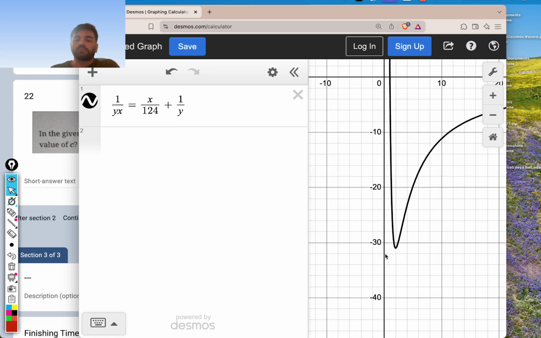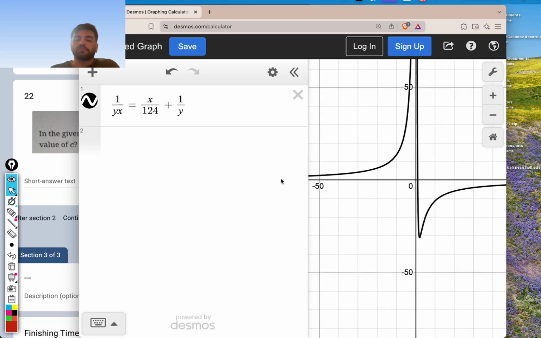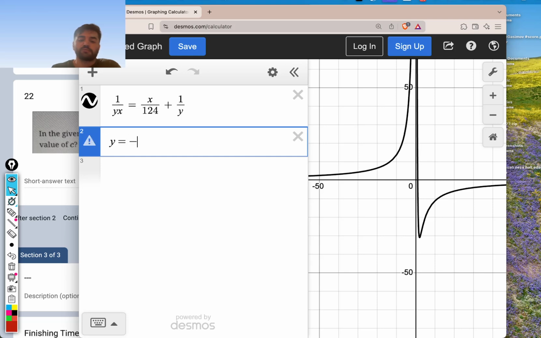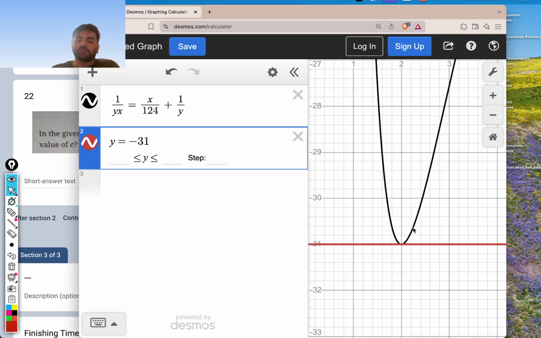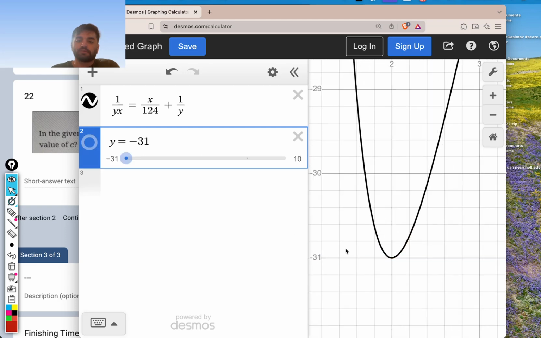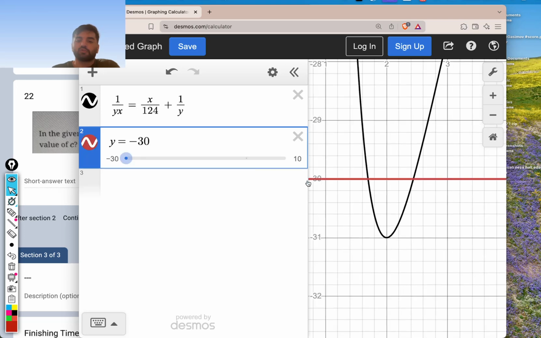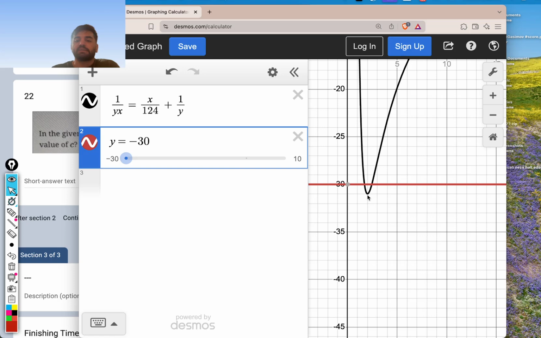So we have to look at this point, because when c is equal to negative 31, there is one intersection point. So the answer will be negative 31. If it is greater than negative 31, for example negative 30, you will have 2 solutions. So only at this point we have one solution, and the answer is negative 31.